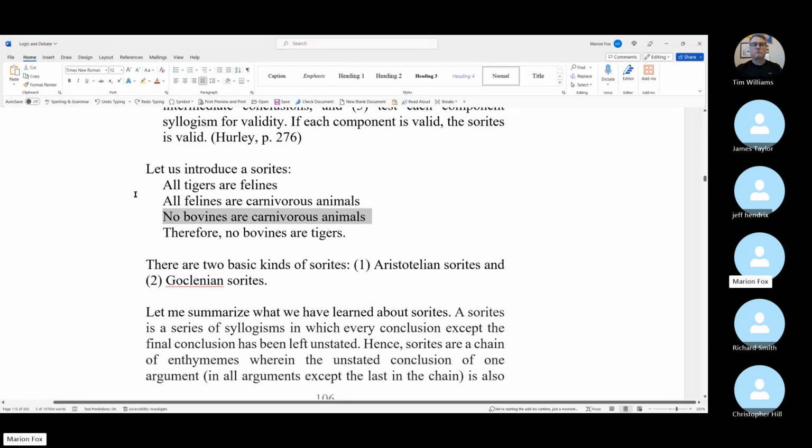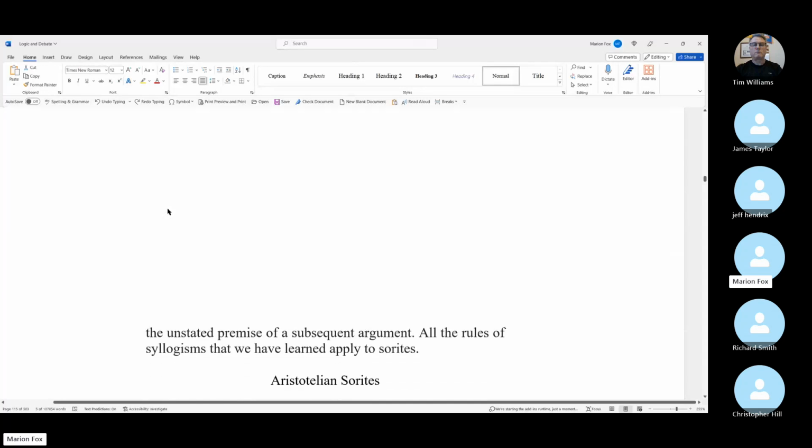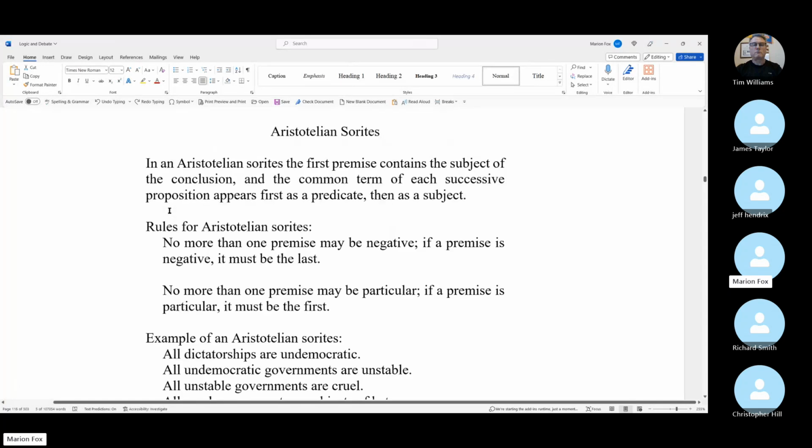This here is your conclusion, not premise. Any questions? Now then, let's go back here. No more than one, and it must be the last. And so if the last premise is negative, your conclusion has to be negative. Okay, that's another rule of syllogism.